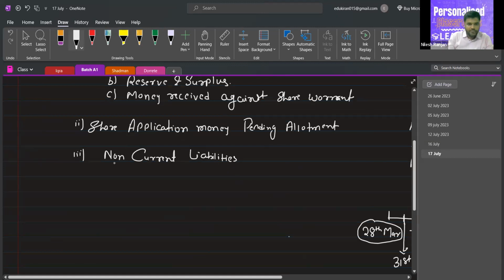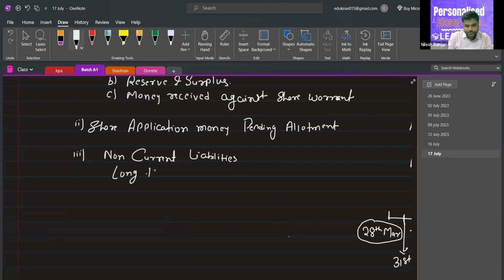Now, in non-current liabilities, there are different items. The first is long-term borrowing. The second is deferred tax liabilities.